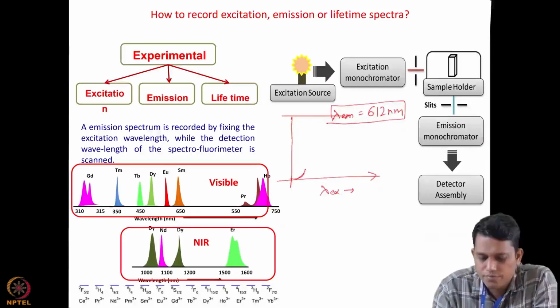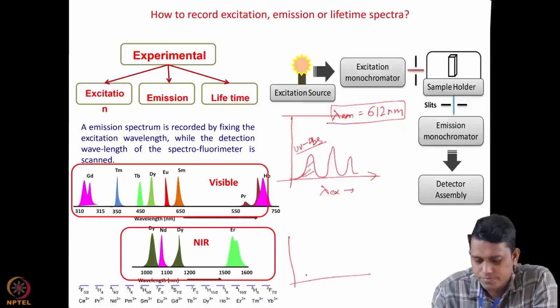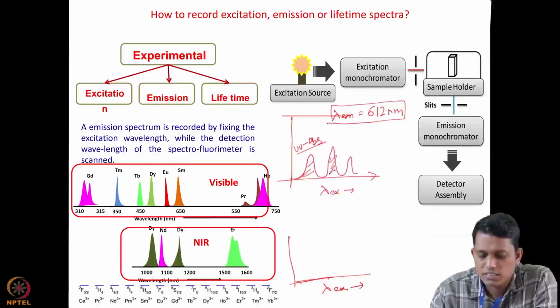Suppose I have three peaks in the UV absorption spectra, but even after excitation using this peak I am not having any emission at 612. I will not see this in my excitation spectra. Now I will try to excite at this.